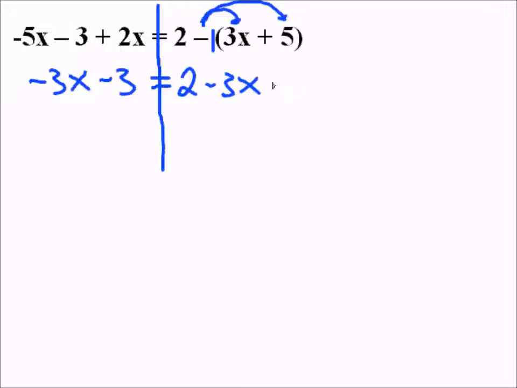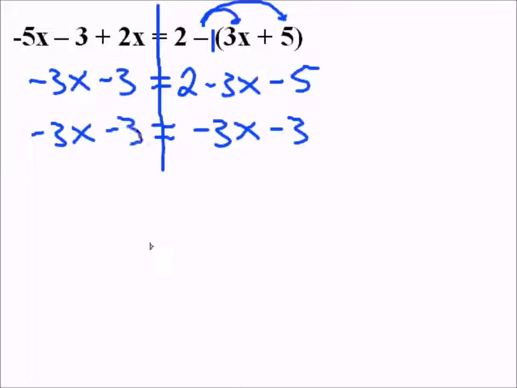Negative 1 times positive 5 gives us negative 5. We still have to simplify the right-hand side a little bit more. We bring down our negative 3x's, and we combine our 2 and negative 5, giving us negative 3. On the left-hand side, we have negative 3x minus 3. At this point, if you notice, the left-hand side is exactly equal to the right-hand side. You would not have to continue.